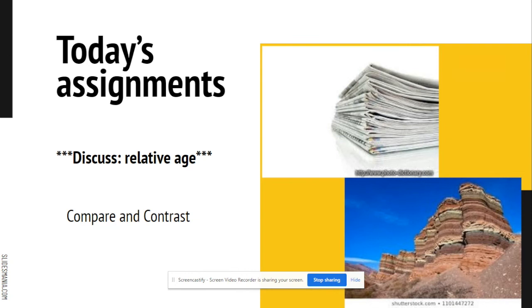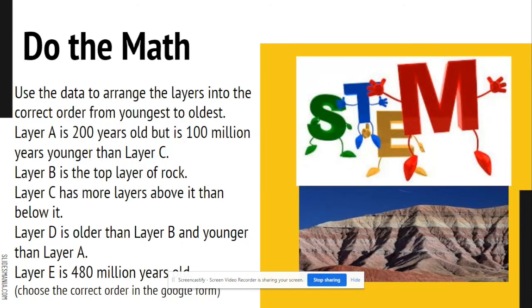And the second question, I think, is a little bit fun. We're going to look at the M in STEM today, and we're going to do the math. So here you've got some data about the relative age of different layers of rock in a rock formation. You're going to use this data below to try to arrange these layers from youngest to oldest. So you might want to lay this out on a piece of paper, find the ones that you know that you can put in line with each other relative to each other, and then fill in the other layers as you go.